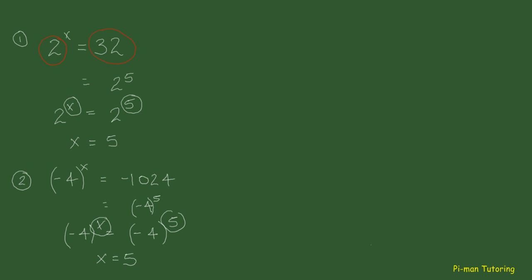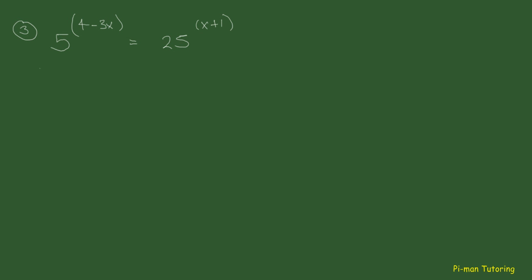Okay, let's look at a slightly more complicated example now. Example 3. In this case, we've got a little algebraic expression sitting up in the exponent. So 5 to the power of 4 minus 3x, and we're told that that is equal to 25 to the power of x plus 1.